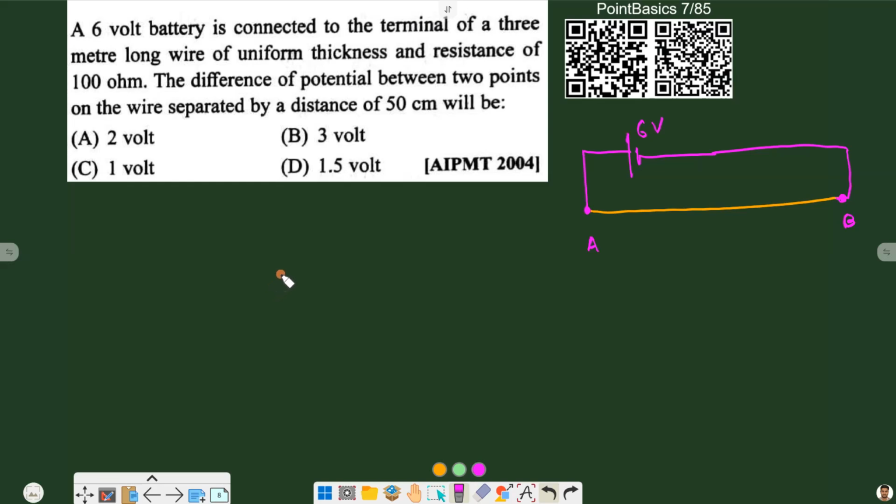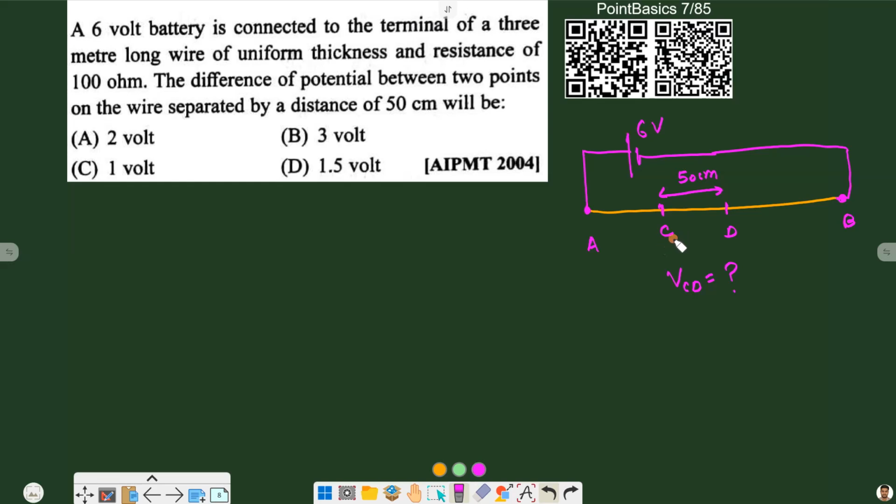So we have to find out the potential difference between 2 points on the wire separated by 50 centimeter. So suppose we take 2 points, point C and point D, and these two are separated by 50 centimeter distance, and we have to find out VCD, the potential difference between these 2 points.